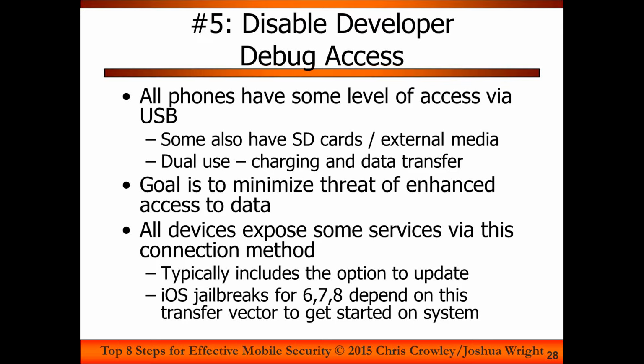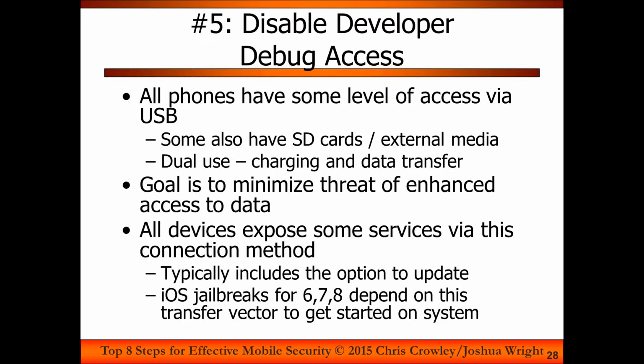The phone represents an opportunity to get some enhanced access because there are developers in the world who need to be able to do more things than a standard user. And so in Android, you have an opportunity to enable debug options. In iOS, you have an opportunity to configure the phone as a developer phone and then run code that is not in the main App Store approved by Apple.